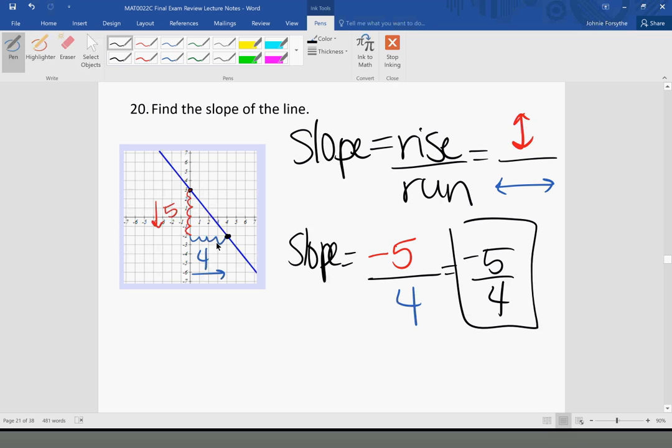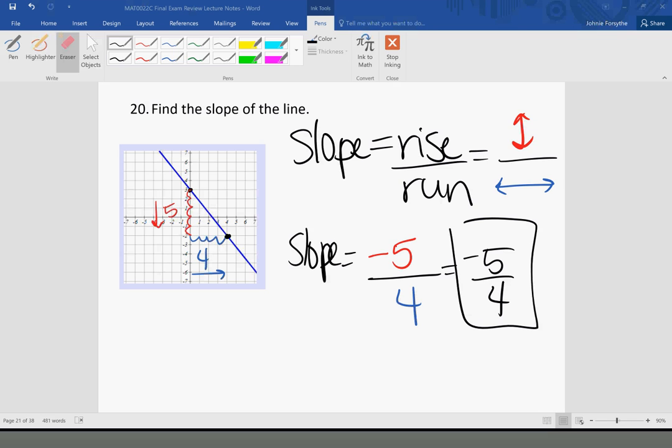You see how this part here is not on a grid intersection? You want to pick very clear integers for your points. You don't want to count from here to here, because you don't know how much you're actually moving, right? So you want to pick places that are very clear to see when you're counting your slope.